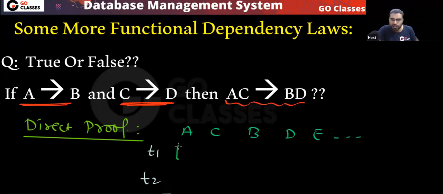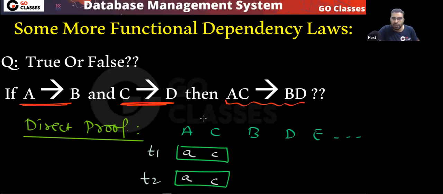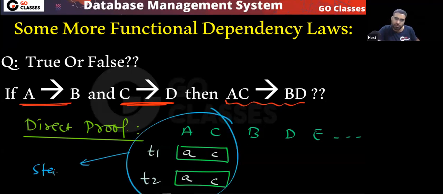So you take two tuples with the same AC value. This is your starting point.